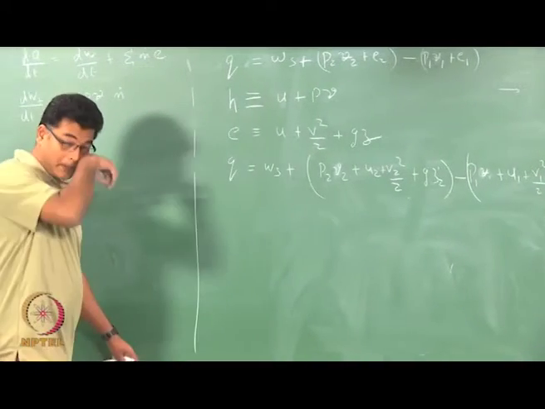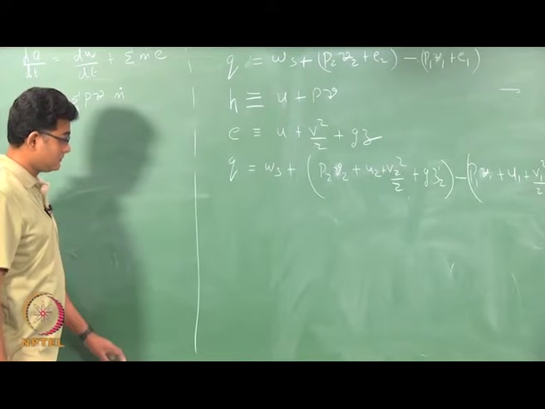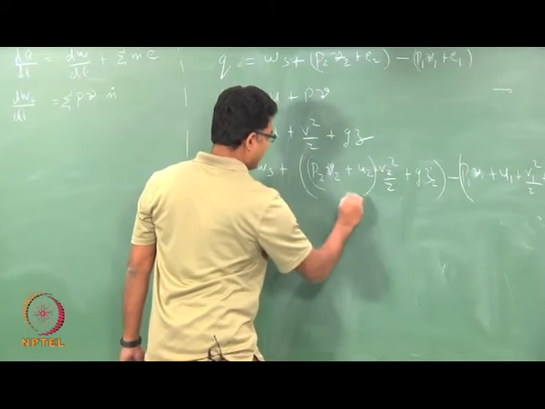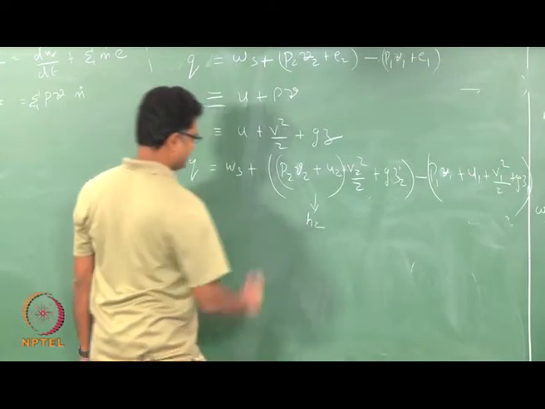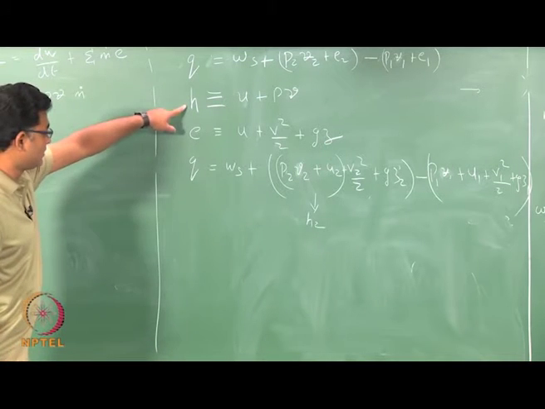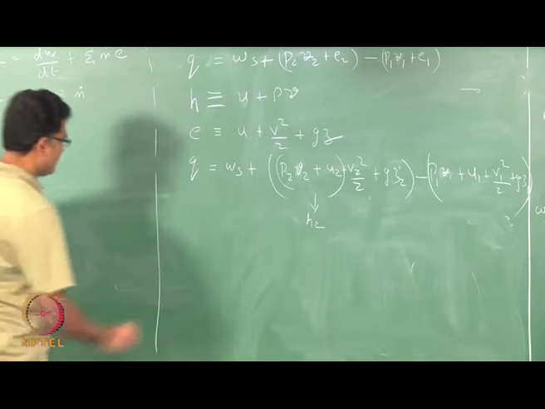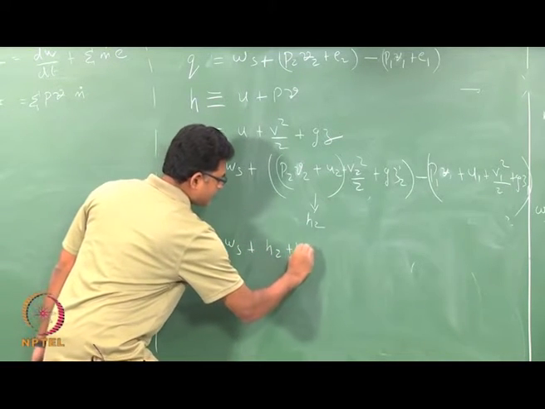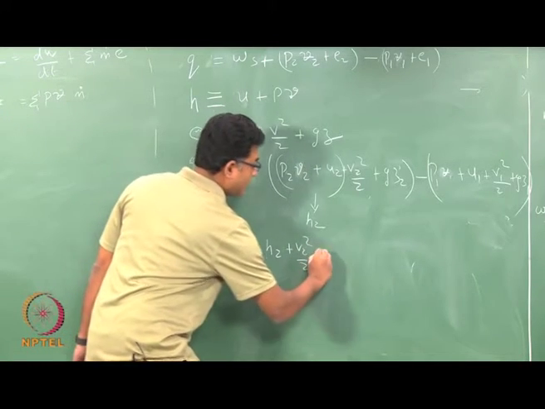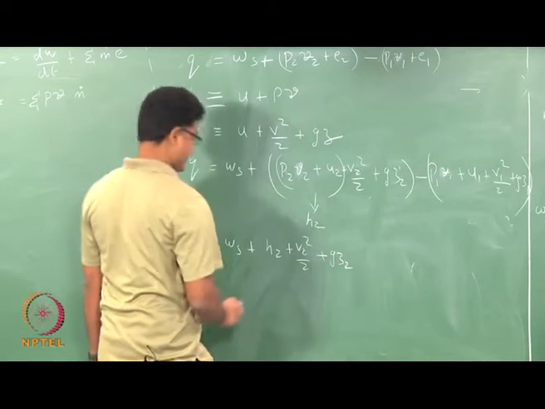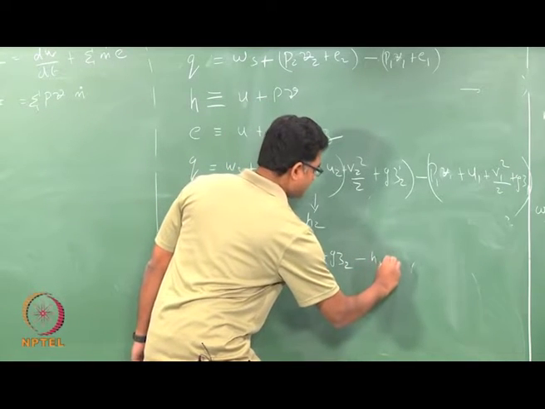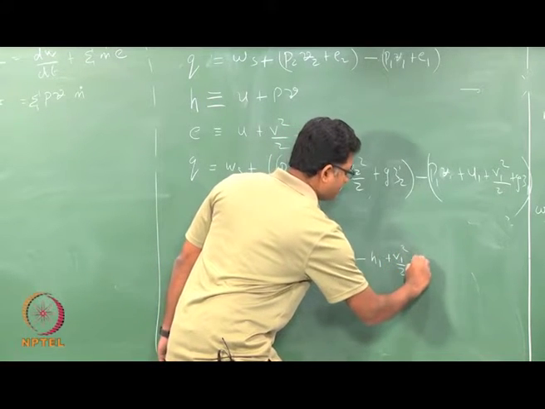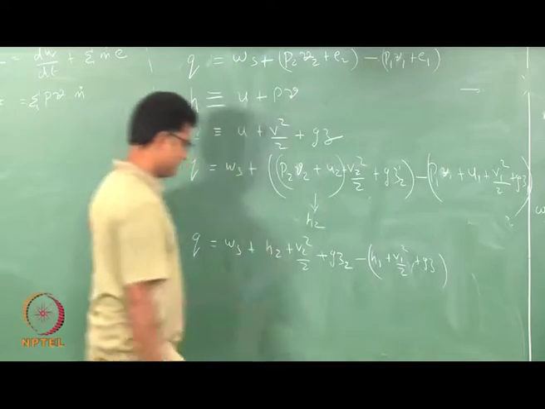Okay. And this quantity is my h2, from the definition of enthalpy. So, q equals Ws plus h2 plus V2 square by 2 plus g Z2 minus h1 plus V1 square by 2 plus g Z1. Okay.